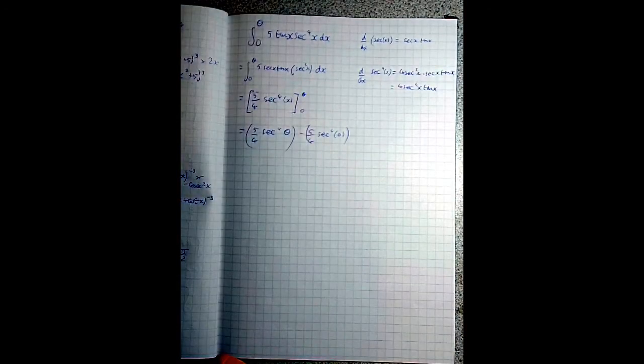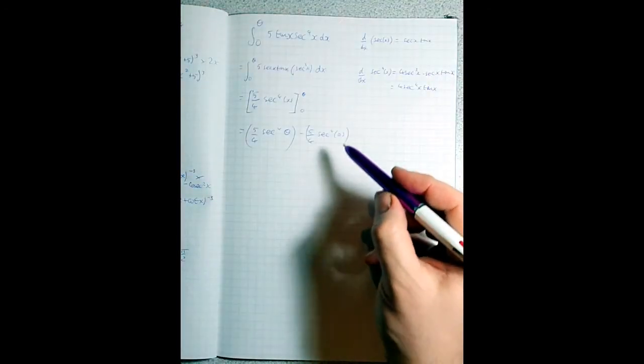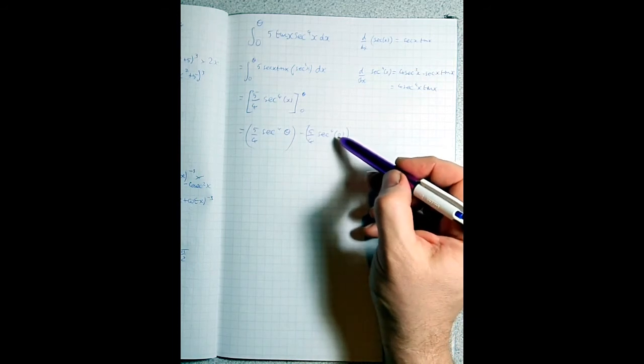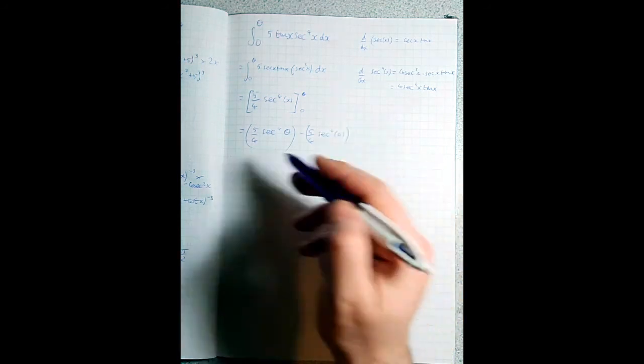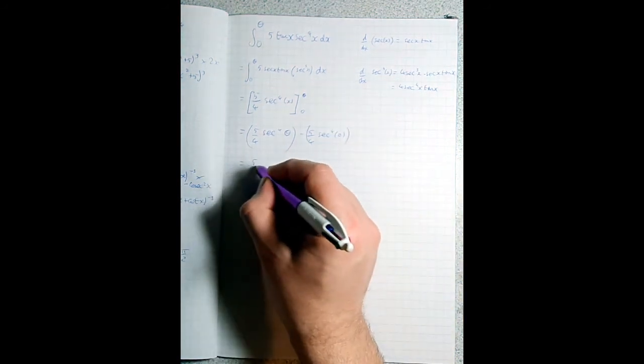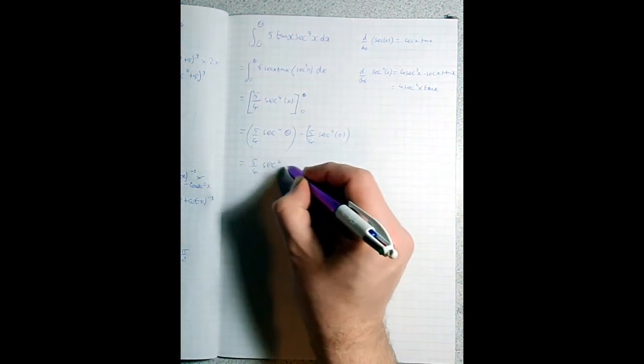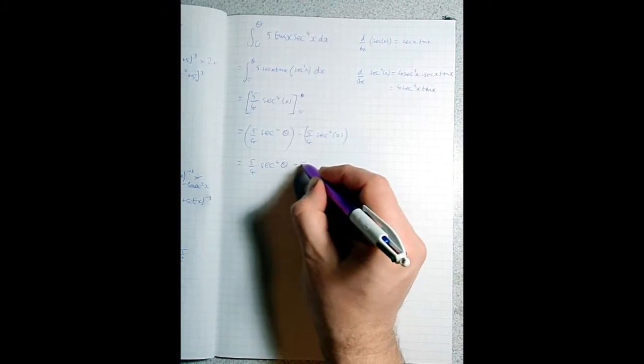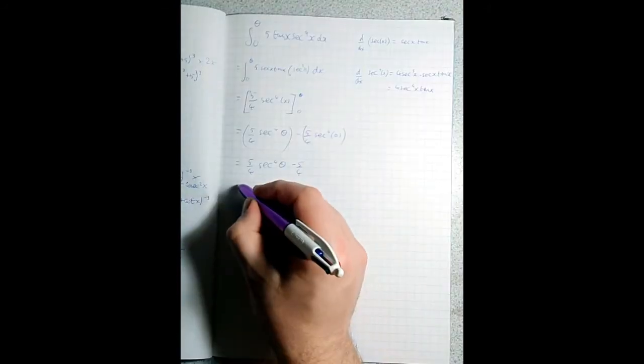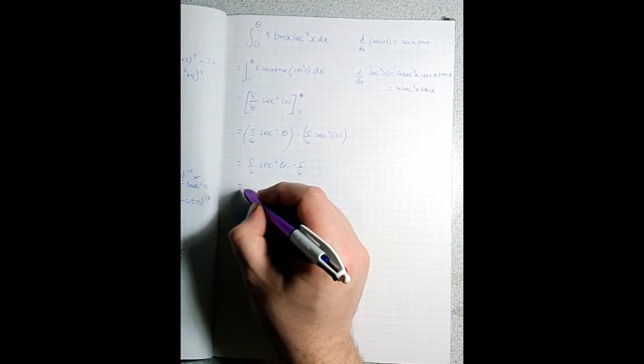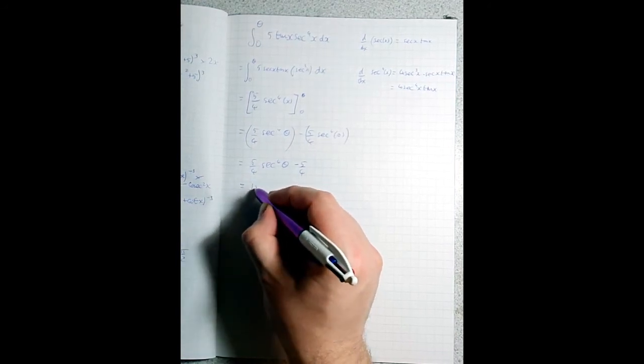Sec is 1 over cos. Cos of 0 is 1. So sec of 0 is 1. 5 over 4 times 1 is 5 over 4. So 5 over 4 sec to the 4 theta minus 5 over 4. And of course that equals, what does it equal? It equals 15 over 4.